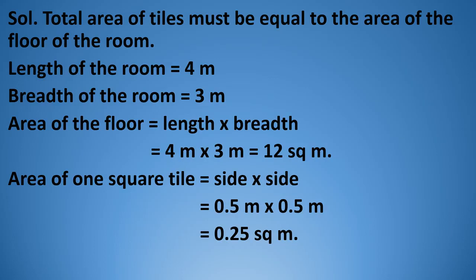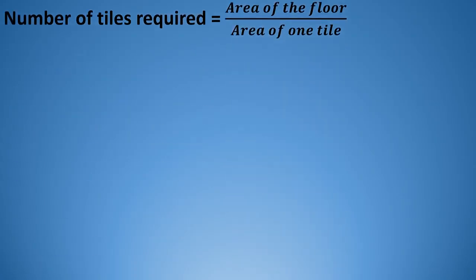This is the area of one square tile. Now it is asked in the question, how many tiles are required to cover the floor? So the number of tiles required is equal to the area of the floor divided by the area of one tile.